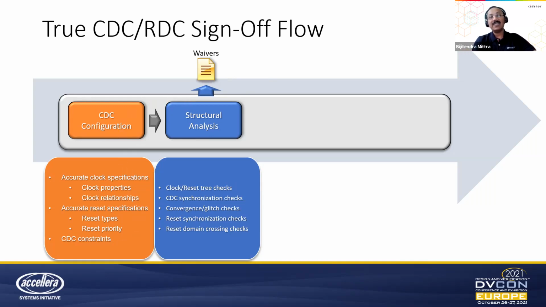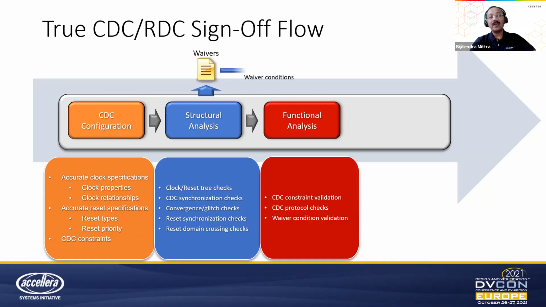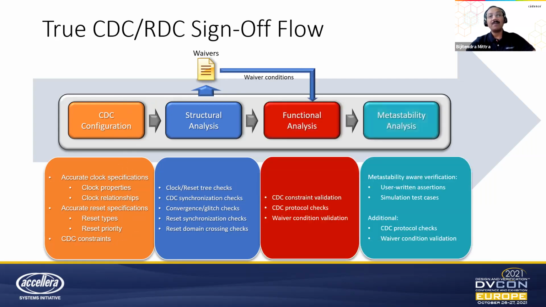But as we have seen, there are several gaps in the conventional flow. To make it comprehensive, what we need to do is add a functional analysis and metastability aware analysis in our sign-off flow. In the functional analysis, as we have seen, we need to do the constraint validation, the waiver validation, and also the protocol checks for the synchronizers I'm using in my design.